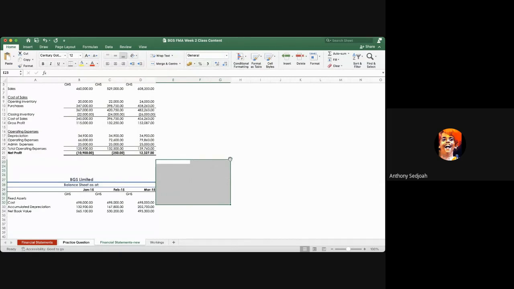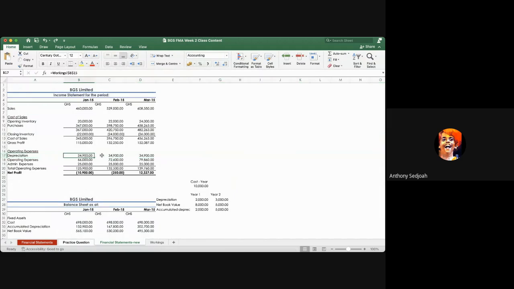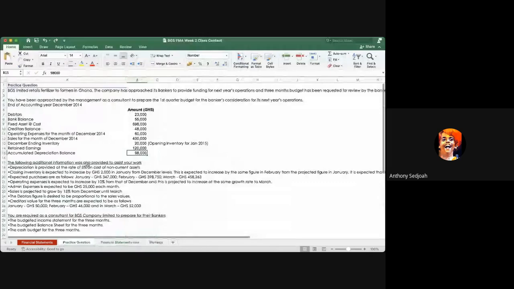So what I just explained is why we have this. The depreciation you see in the income statement is the depreciation for that period alone. For January alone, it has depreciated by 34,900. In February, it has depreciated by another 34,900. March, another 34,900. But the question says that even before January began, the asset had already depreciated by 98,000.